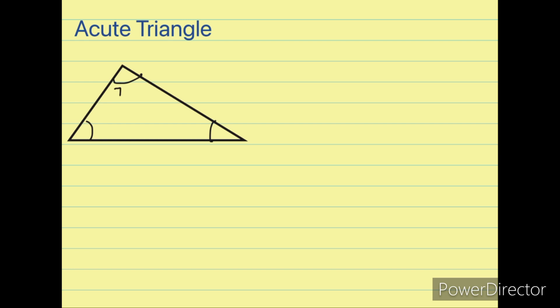For example, 70 degrees, 50 degrees, and 60 degrees. As you can see, the measure of each angle of this triangle is less than 90 degrees. So, therefore, we can say that it is an acute triangle.